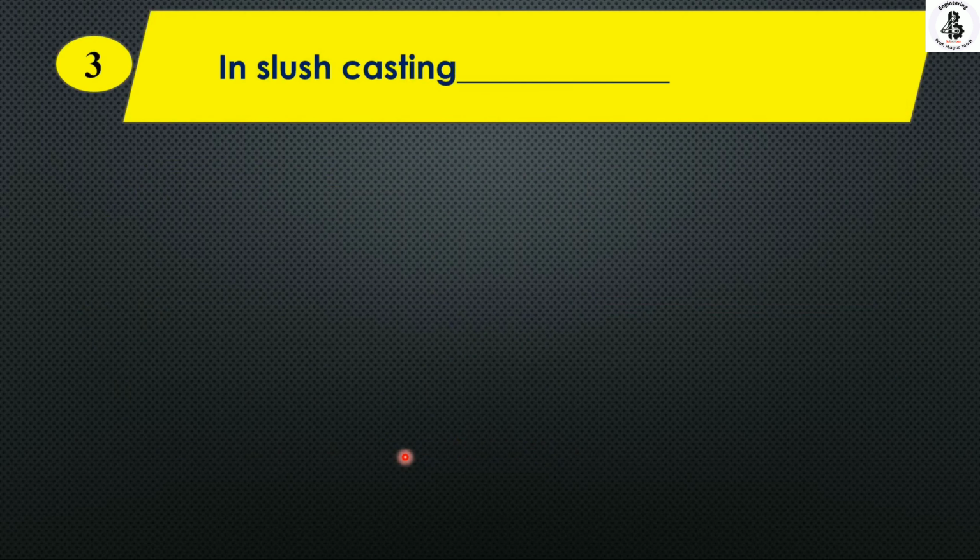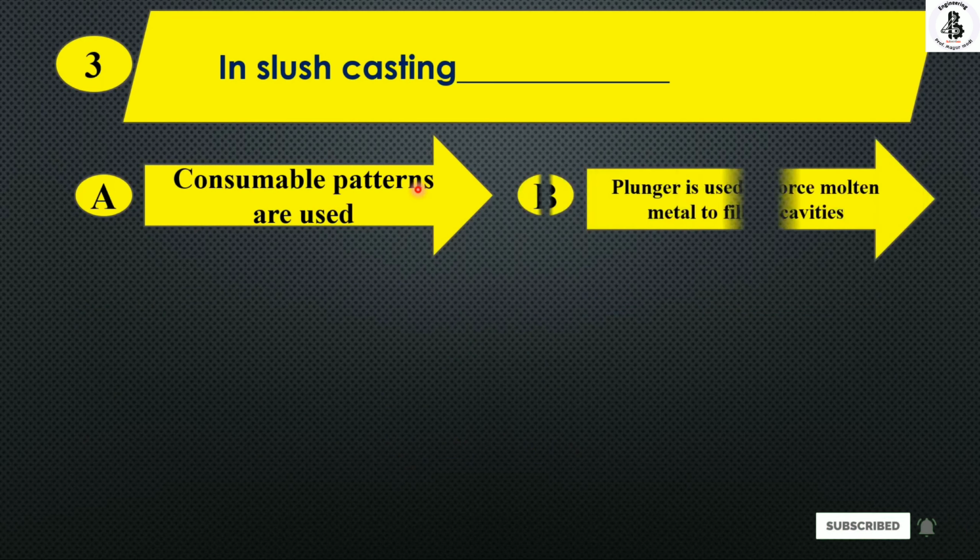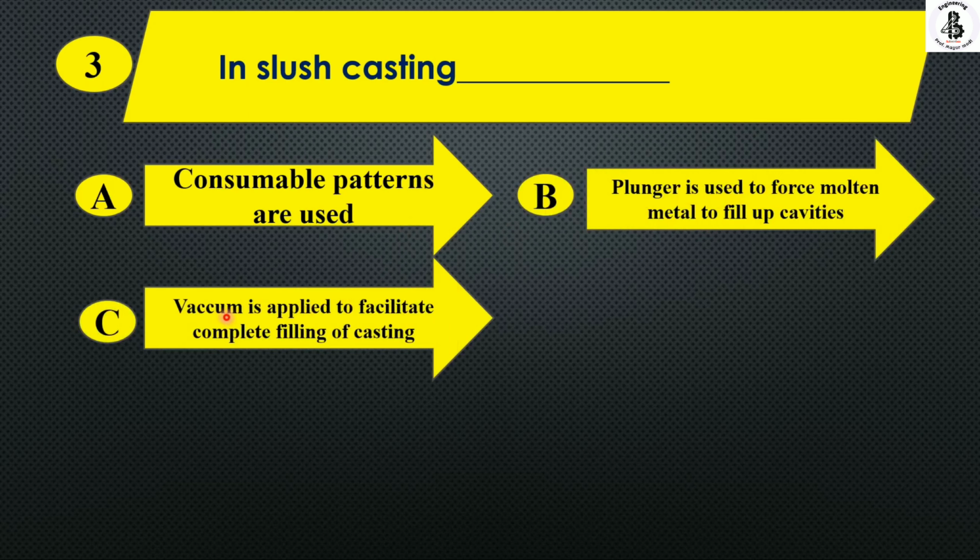The next question. In slush casting, option A, consumable patterns are used. Option B, a plunger is used to force molten metal to fill up cavities. Option C, vacuum is applied to facilitate complete filling of casting.